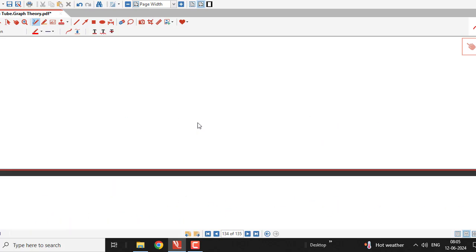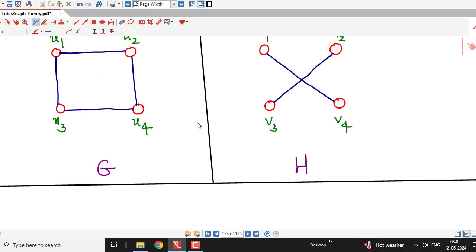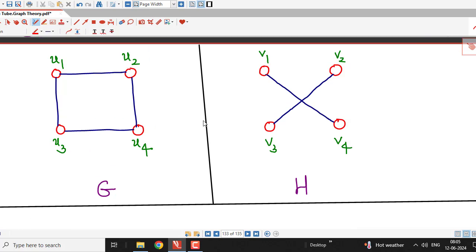Now we discuss another example to check whether these two graphs are isomorphic or not. First we will check some properties, from which we will get an idea whether there can be a graph isomorphism or not.